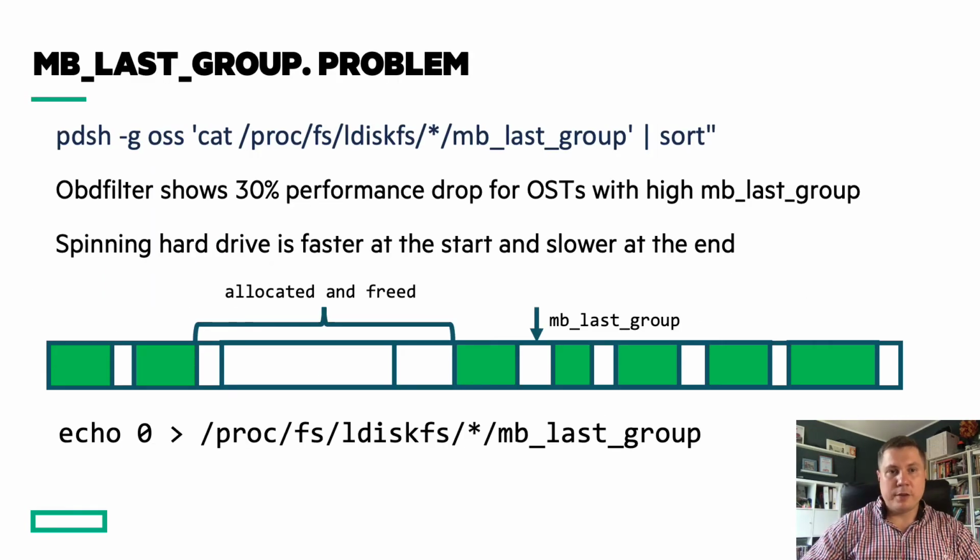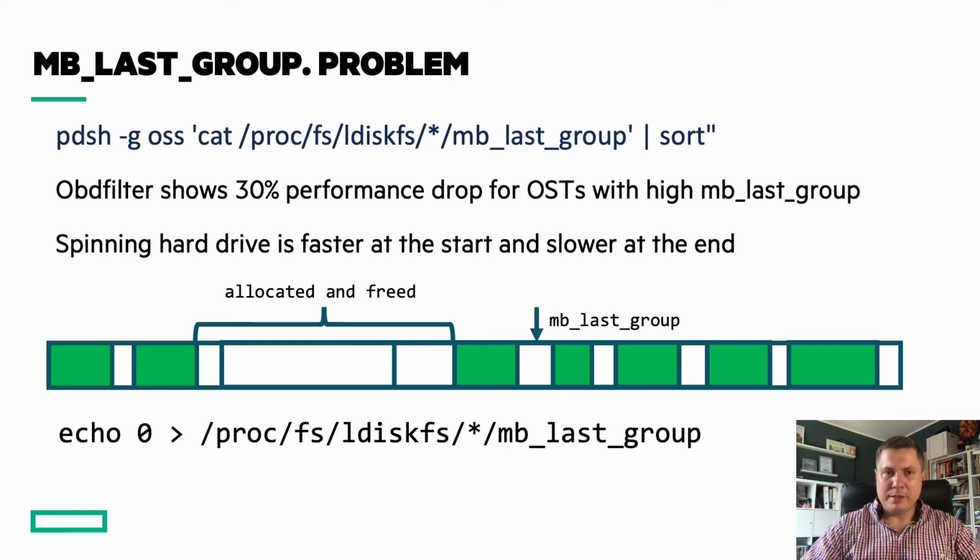I have mentioned that an aged file system sometimes becomes slower. Also, customers see that OSTs are sometimes unbalanced, and partitions that have mb_last_group near the start of the partition are faster than ones that have mb_last_group near the end of the disk. This is because a spinning hard drive is faster at the start and slower at the end.